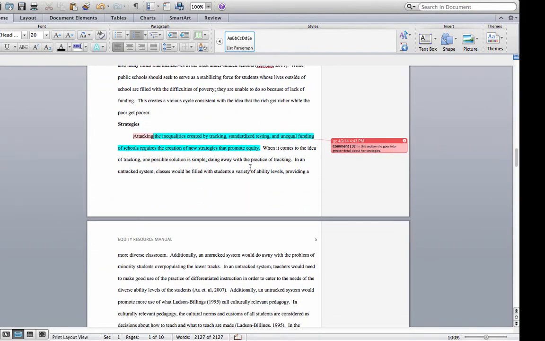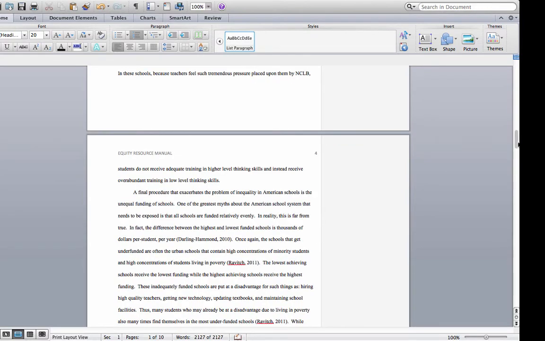And then in the strategies section, she introduces strategies that will combat the various things that she's pointed out are inequitable. So she gives specific strategies for that. And you can see she's citing sources and so on throughout.